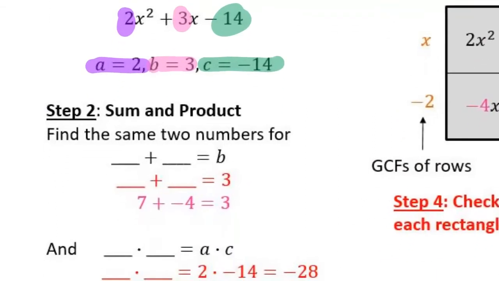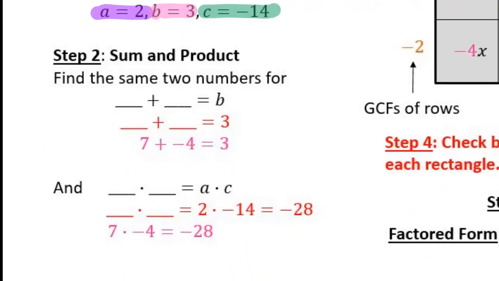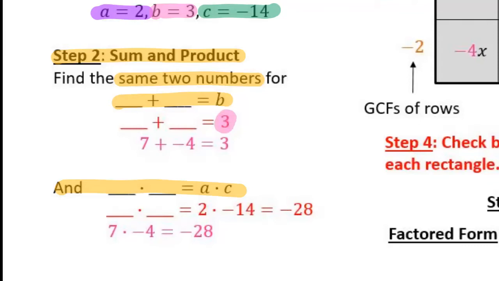Okay, then for step 2, you want to figure out the sum and product. So step 2 is find the sum and product. You want to find the 2 numbers that will add up to your B value, and they need to multiply to your A times C. In this case, the B value was a 3, so they need to add up to 3.